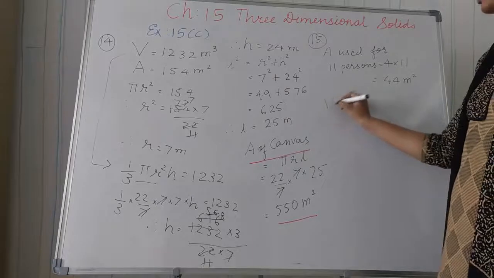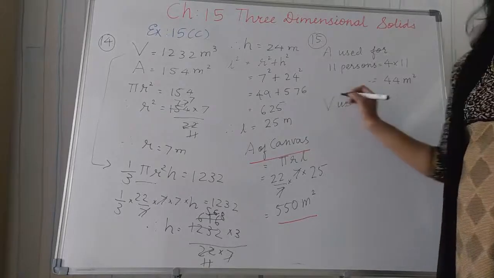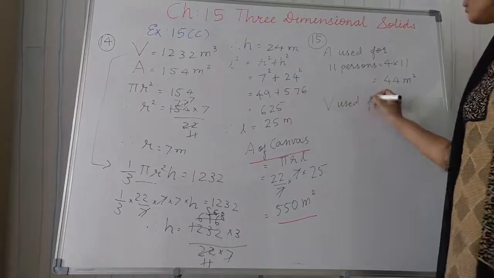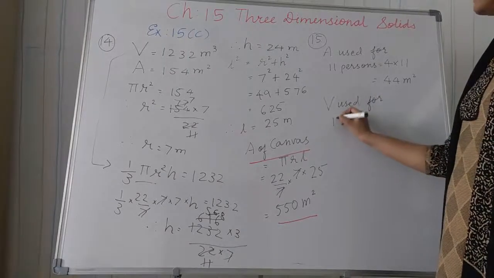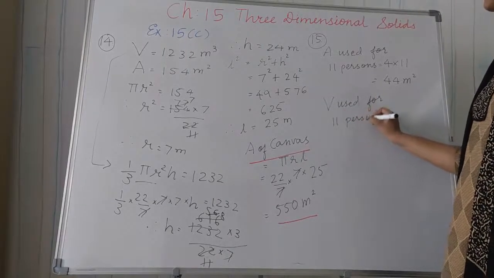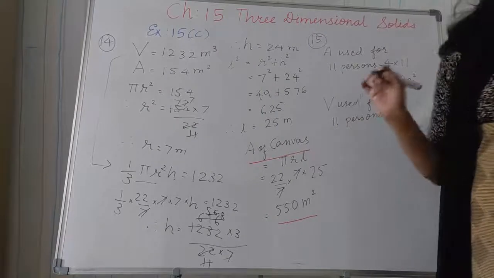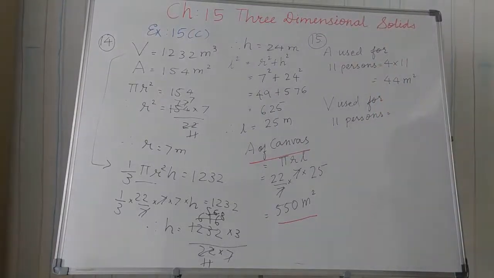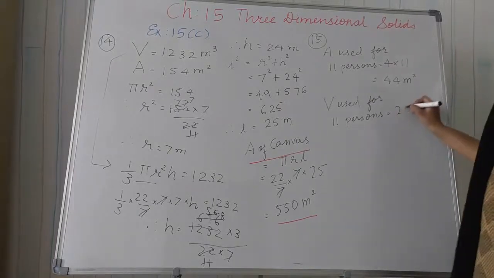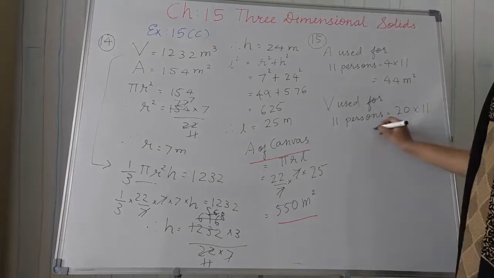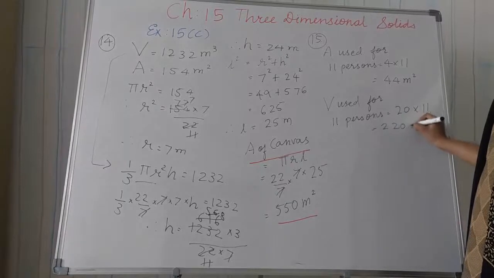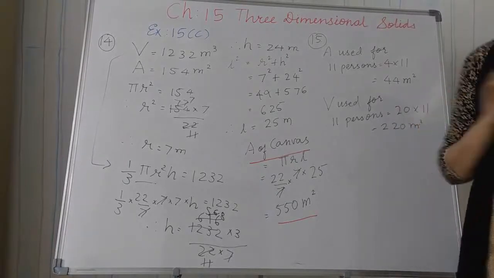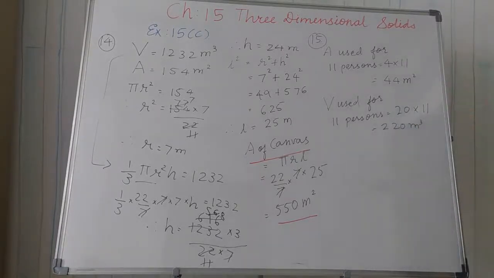It means the volume of air used for 11 persons is equal to 20 into 11, which is 220 meter cube. So now we want to find the height of the cone here.